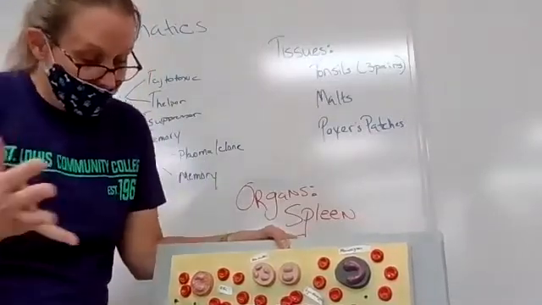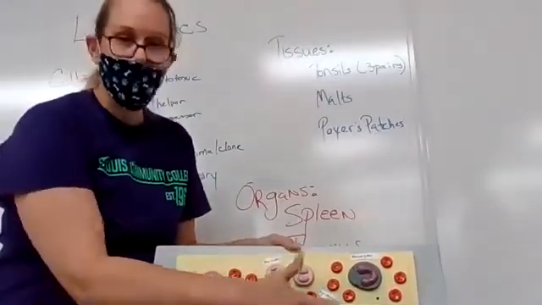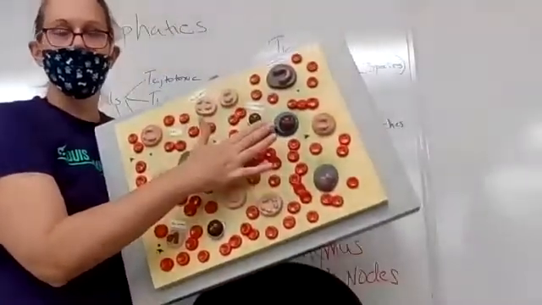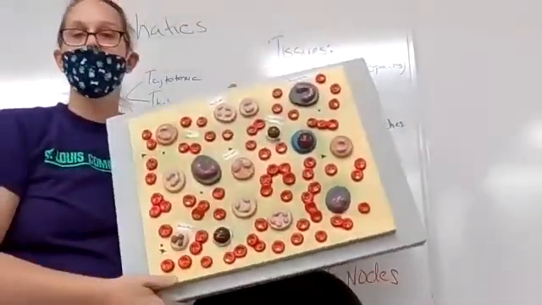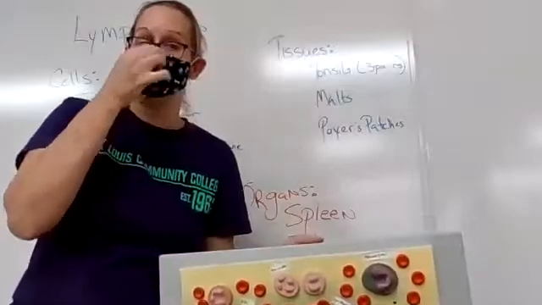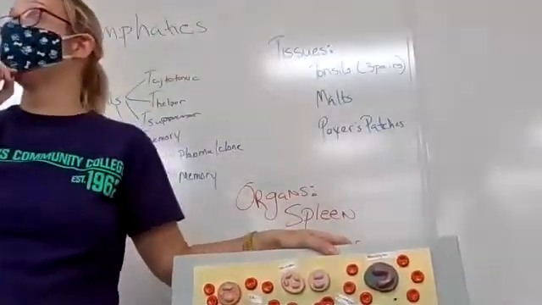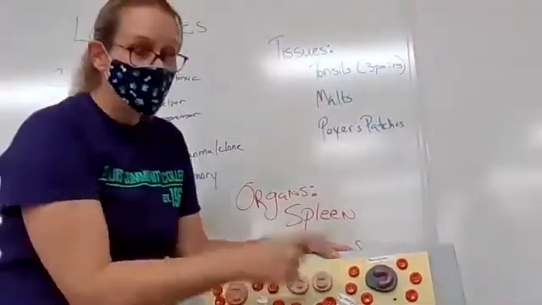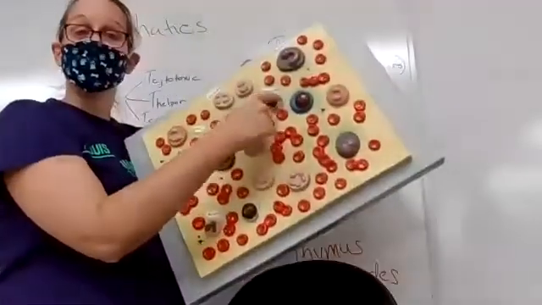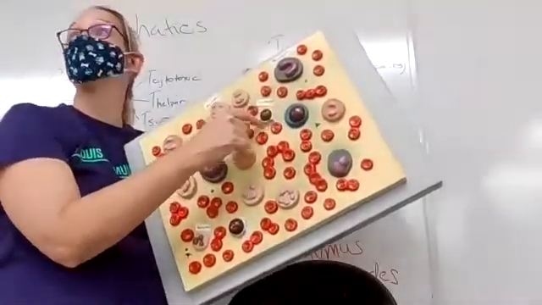On here, we can't tell the difference between our lymphocytes. What we're going to learn later on is that in order to tell the difference between our lymphocytes, you have to do specific tests on the membrane proteins.